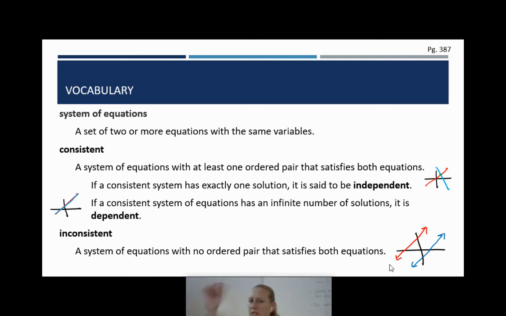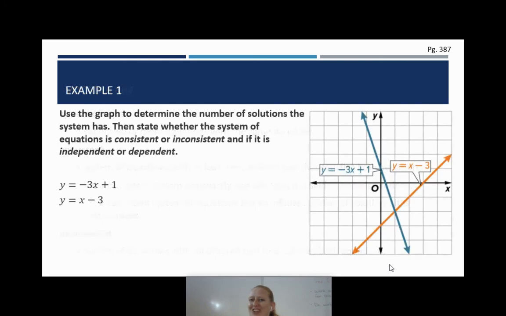You got this? Did you make some notes on this? I hope you did, because now I've got an example for you. Example number 1. I would like you to use the graph to determine the number of solutions a system has.